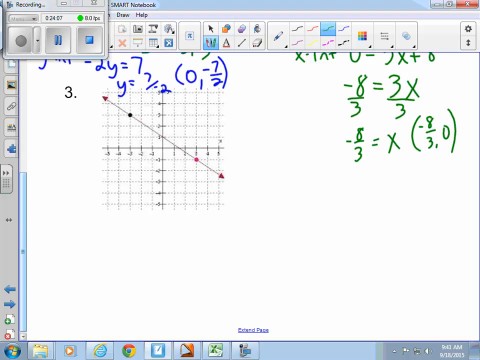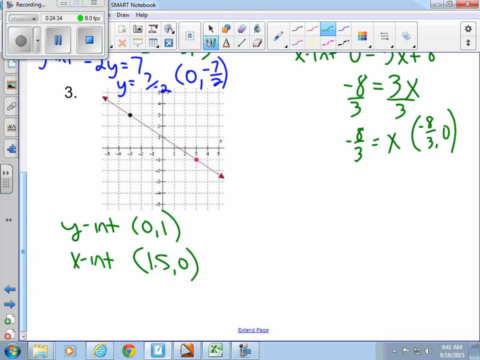Okay, if we're given a graph, where is the y-intercept? 1. Where's the x-intercept? 1.5. How are you finding that?